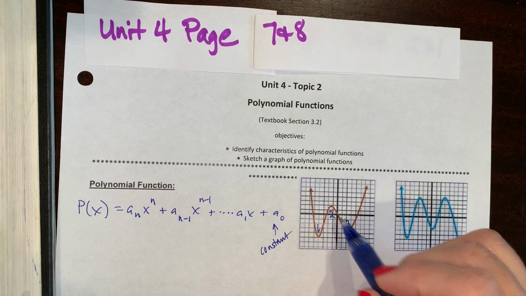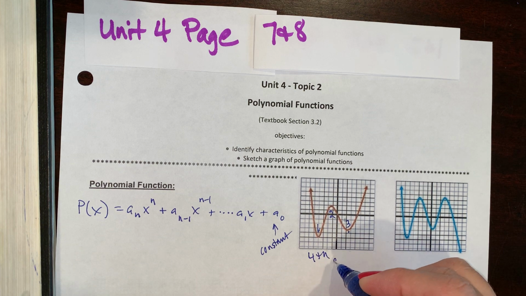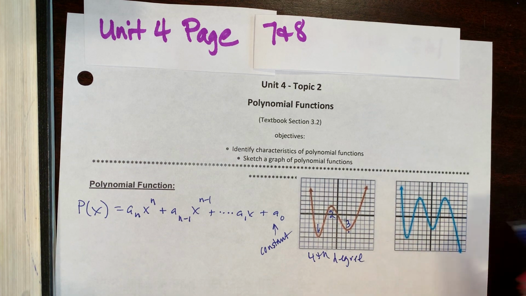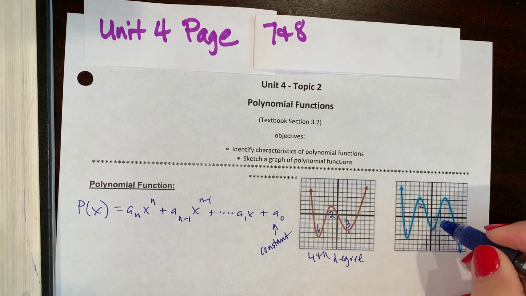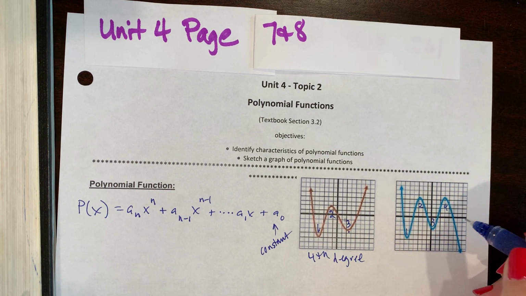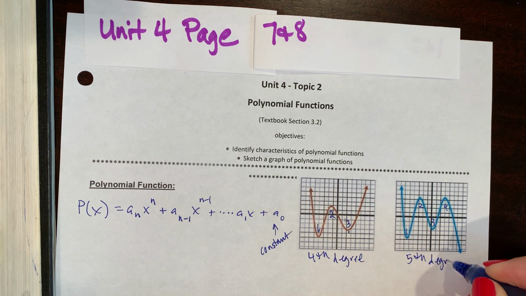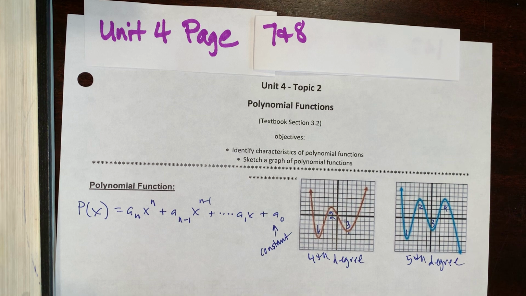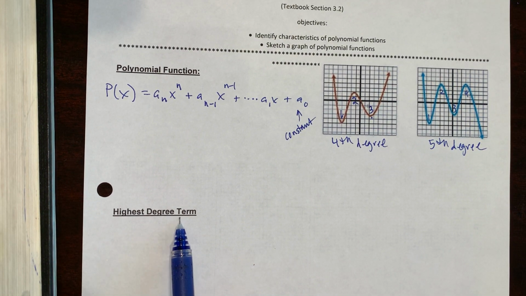So this has 3 turns, which means this is a 4th degree polynomial. This one has 1, 2, 3, 4 turns, so this picture that they just threw on here is a 5th degree picture. Your polynomials always have to be written with the highest degree first.